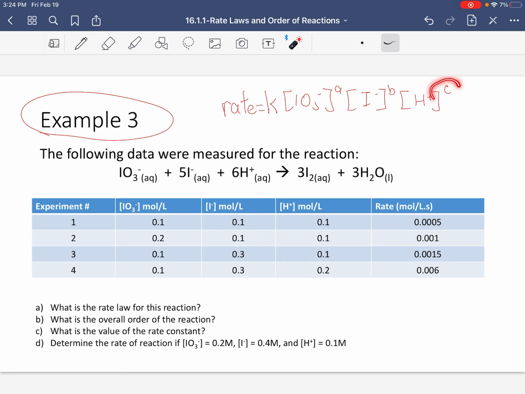If you're trying to find C, you have to make sure that A and B are constant. These 2 are good ones. All right, so let's do that, and we'll take it up the next day.